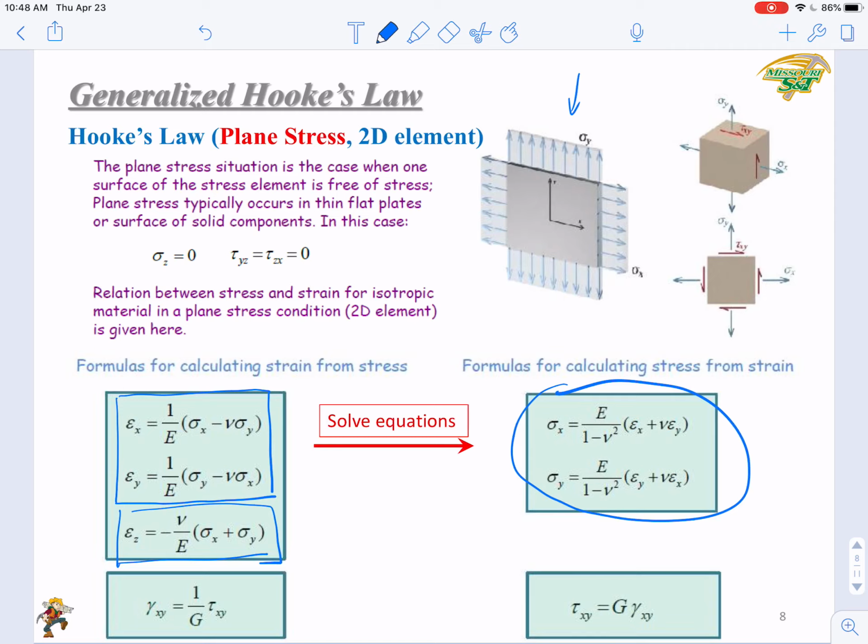So in a plane stress situation, the two-dimensional Hooke's law describes the stress-strain relationships on the xy plane. You still have three equations, because you cannot ignore the strain along z direction. But the shear is simplified into one, since tau yz and tau zx both equal 0, so you have only one equation left.